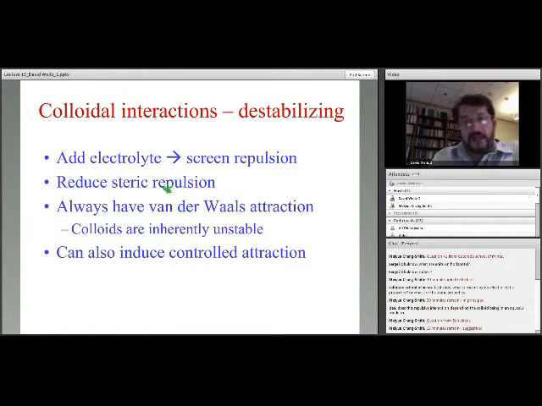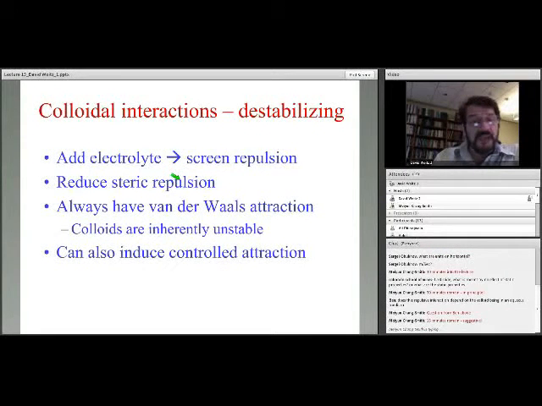Because this happens quite often technologically, it's important for us to understand something about the nature of this destabilization. In fact, the structures that you get are themselves quite interesting and are worth trying to understand a bit. So let's try to understand something about what happens if particles are destabilized.